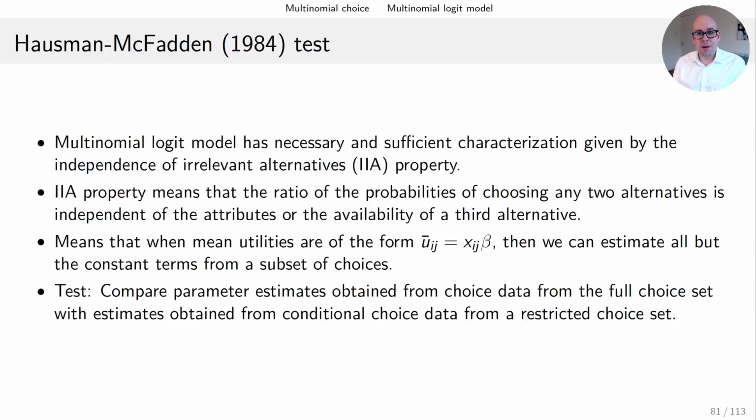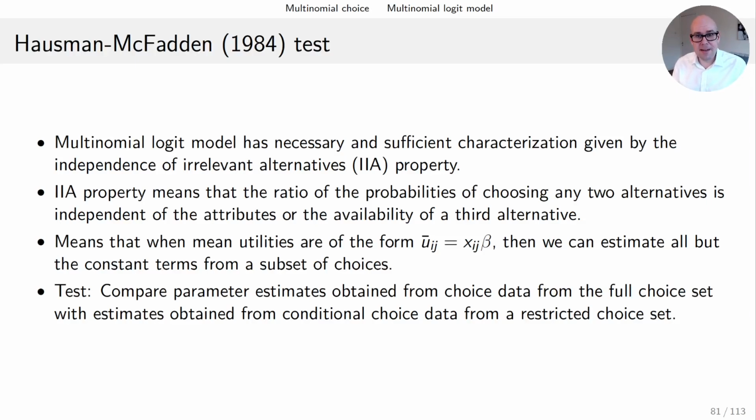If the model is not right, in the sense that the model has not generated the data, then you will get different estimates of slope coefficients, and then when you have enough data, you can reject the null that they're the same, and then you have evidence that IIA does not hold.